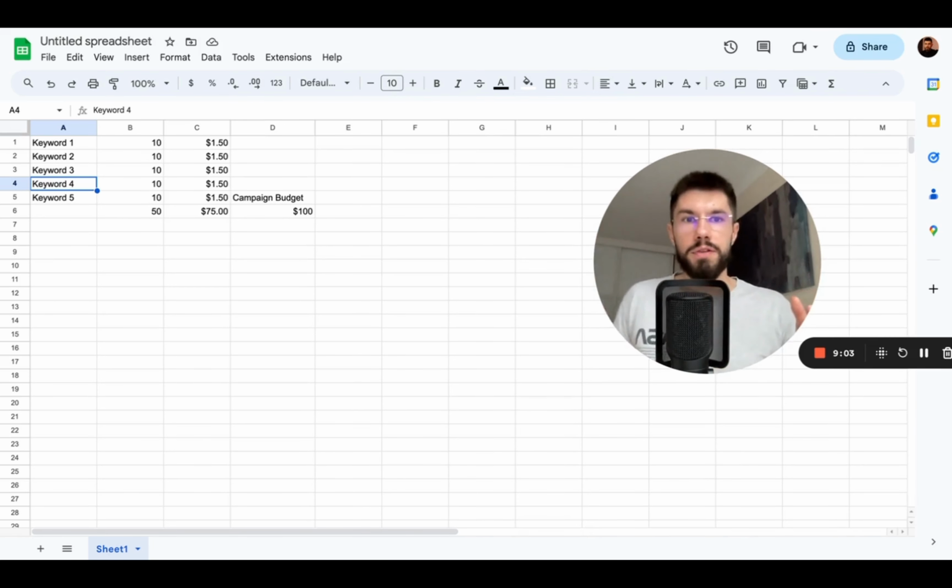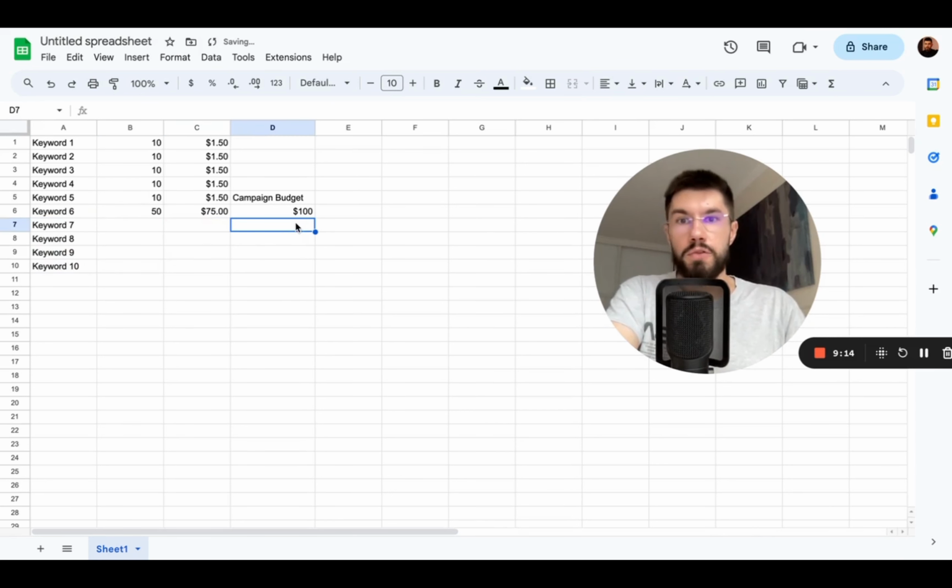So again, you can have even 10 keywords in one campaign. And if you give enough campaign budget to them, maybe $200, you may be fine with 10 keywords per campaign. All right? Even with 20. Again, it comes to the budget. But nevertheless, with our agency, we still like to segment it.